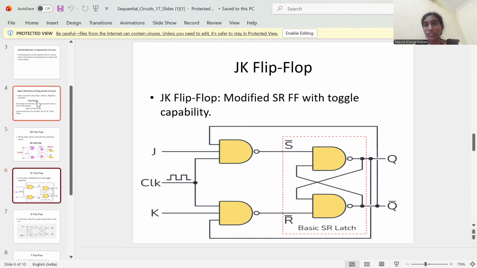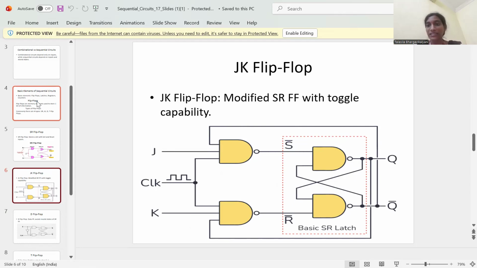If K value is 0 and J value is 1, Qn value is 0 or 1, then Qn plus 1 value is equal to 1. It is called set, and the earlier case is called no change. Now, if K value is 1 and J value is 0, Qn value is 0 or 1, then Qn plus 1 value is 0.